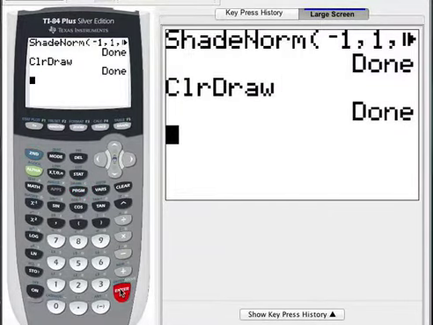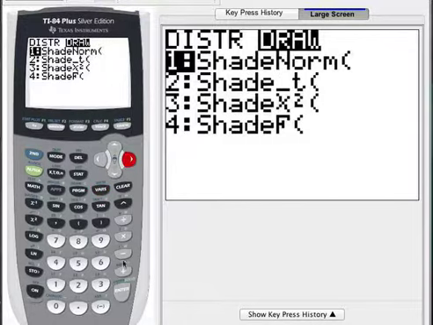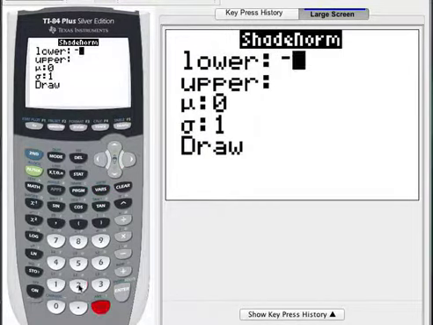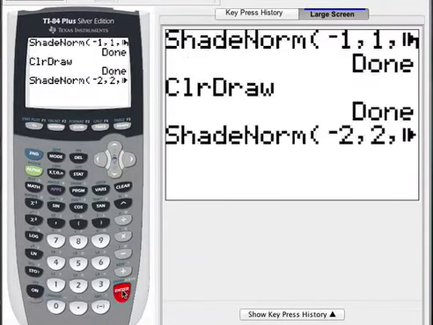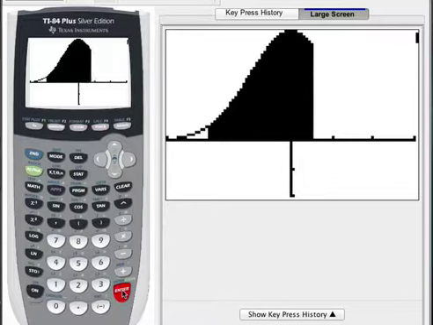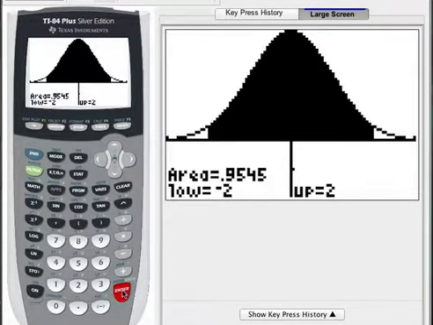So let me use second program enter enter in order to clear the drawing. So from -2 to +2, we can confirm that the percentage of normally distributed data is about 95%.